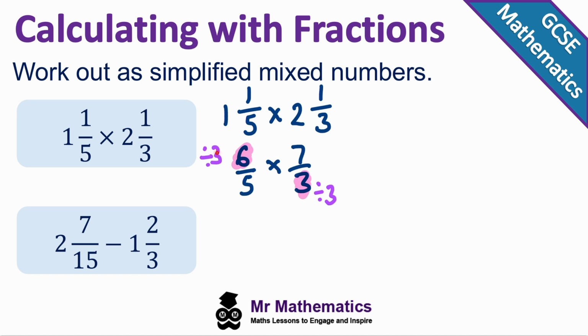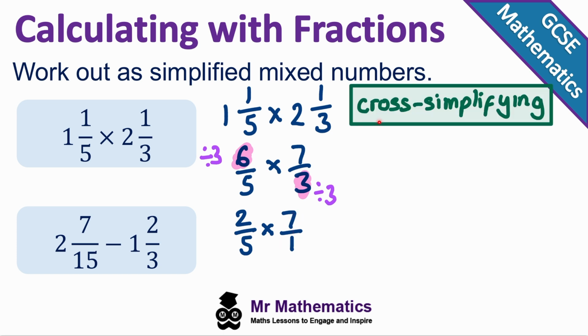The 6 divided by 3 is 2, so we'll have 2/5. And the 3 divided by 3 is 1, so we'll multiply it by 7/1. And this is called cross-simplifying. This is where you find a common factor of a numerator and its opposite denominator. We cross-simplify these to simplify the product.